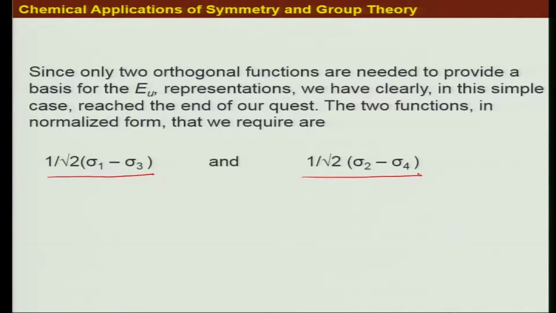All right, so it is pretty straightforward to normalize these functions. That's how we got the SALCs that we can form by using the projection operator for a two-dimensional irreducible representation.